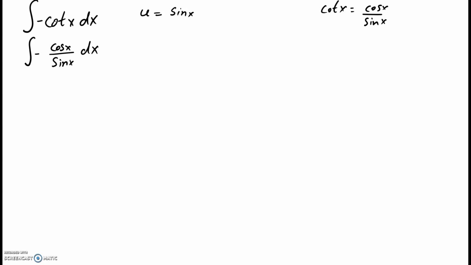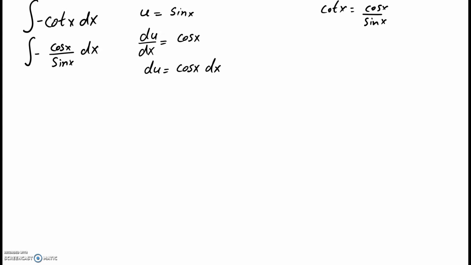When u equals sin x, let's take the derivative with respect to x: du over dx equals cos x, right? And if you rearrange this, du equals cos x dx.